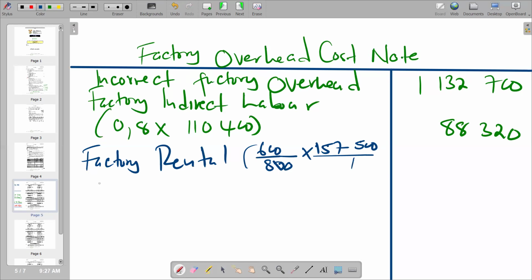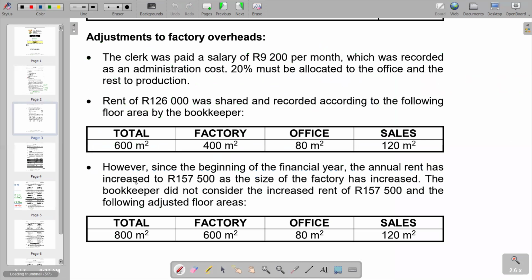We subtract the old apportionment, whereby we are saying 400 over 600 times 126,000.